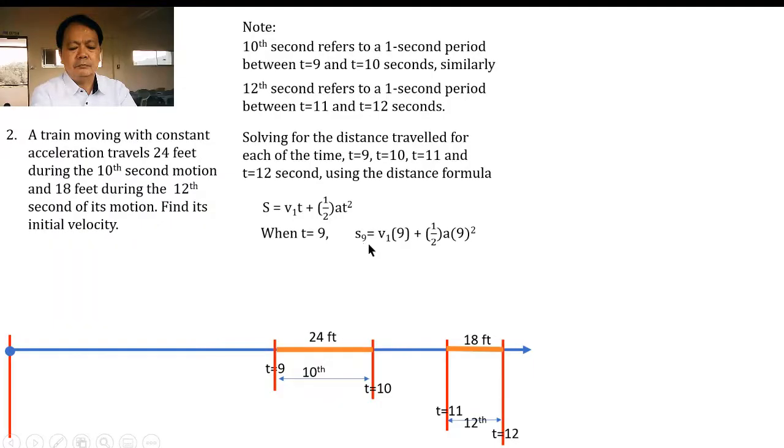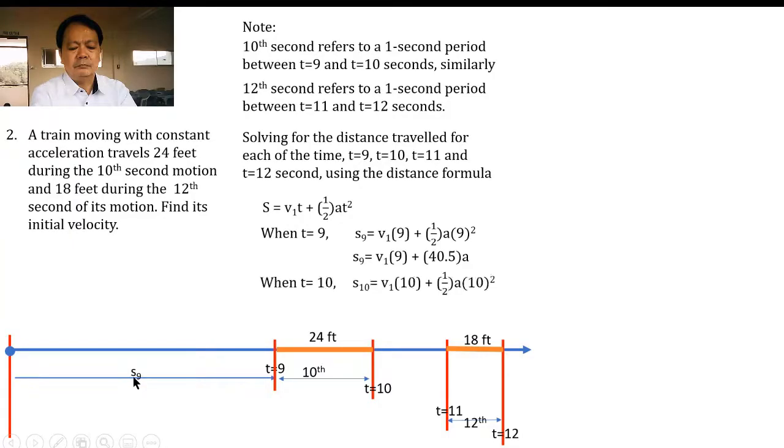And this is equal to v sub 1 times 9, because the time is 9, plus 1/2 the acceleration, which is not known, multiplied by t squared. If this will be simplified, S sub 9 will be equal to 9 v sub 1 plus 40.5a. At ito yung tinatawag nating S sub 9.